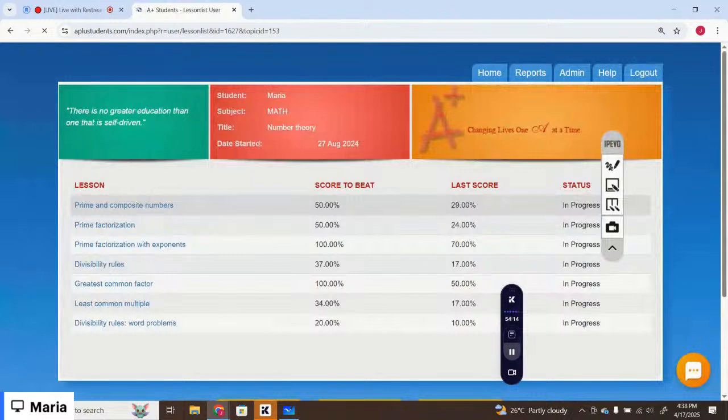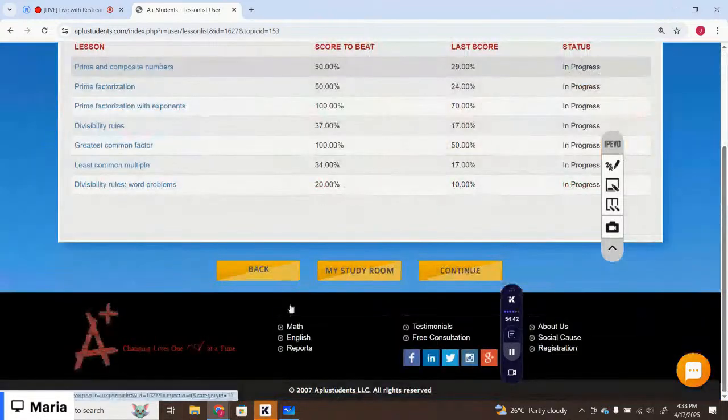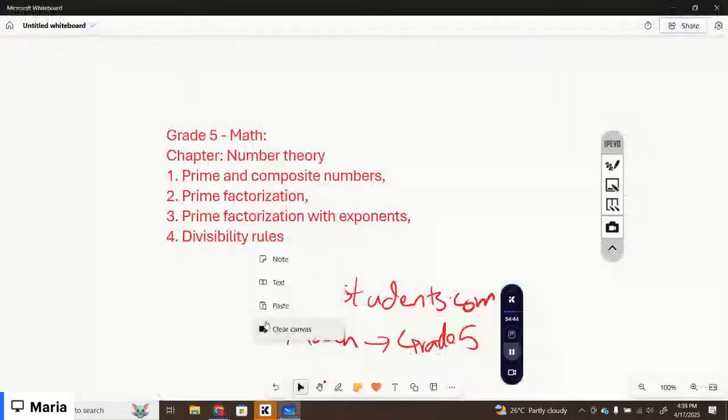The lessons we have covered today are prime and composite numbers, prime factorization, prime factorization with exponents, and divisibility rules. So please make sure you complete all the practice questions for the lessons we just did before the next session. That is your homework.